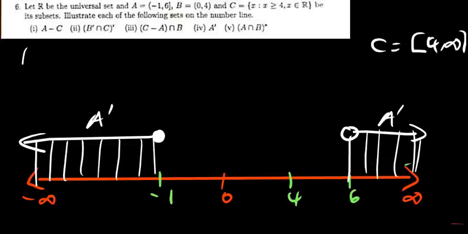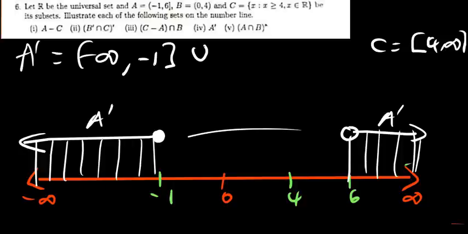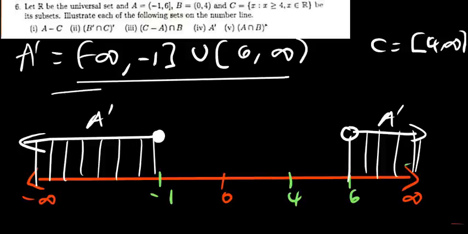Therefore, A complement is starting from -infinity not included all the way to -1 included, union, I am jumping this part, we jump, then we go to open because this is just open, then 6 all the way to positive infinity. So I found the answer. I've also displayed the answer on the number line.